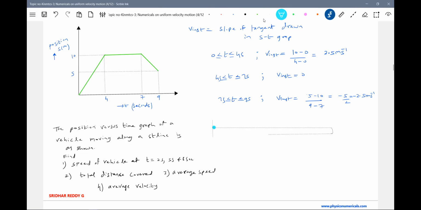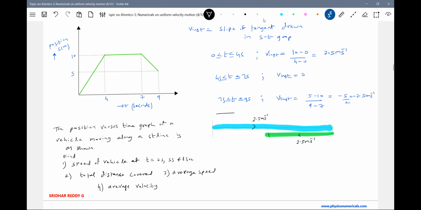Let me indicate the two parts. First, it will move along the positive x-axis. Next, it will start moving along the negative x-axis. Here it will move with a speed of 2.5 meter per second, and here also with a speed of 2.5 meter per second.